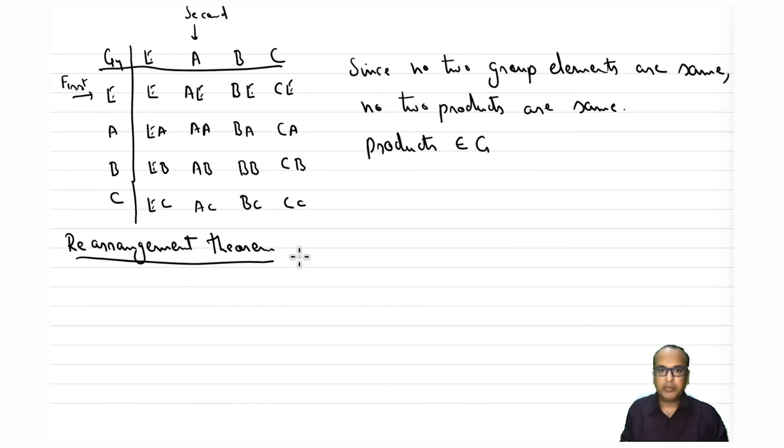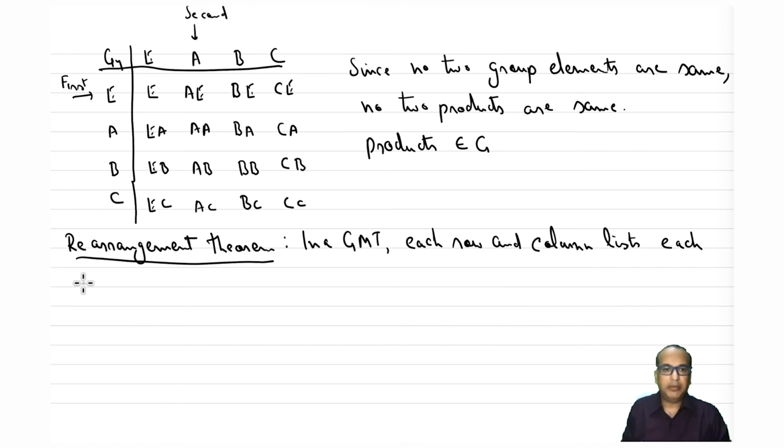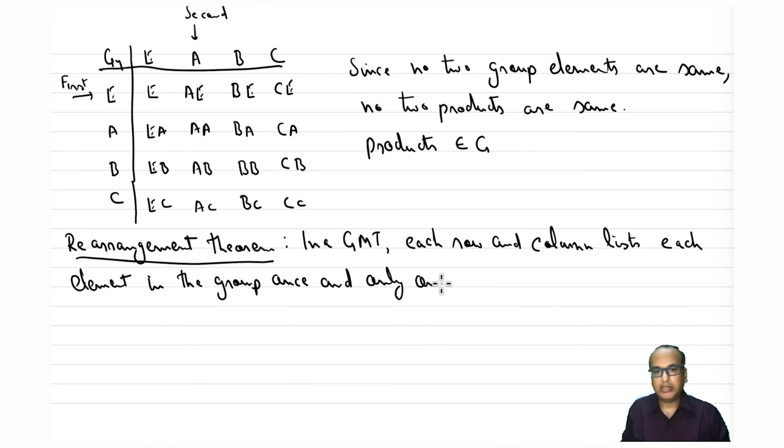So what is the rearrangement theorem? It says that in a group multiplication table, each row and column lists each element in the group once and only once.